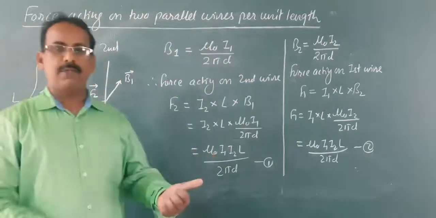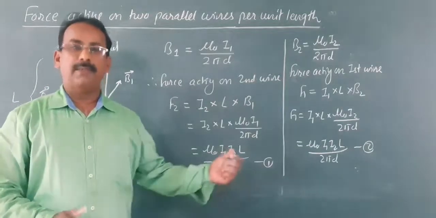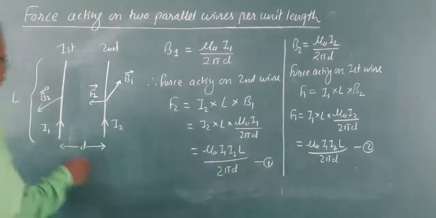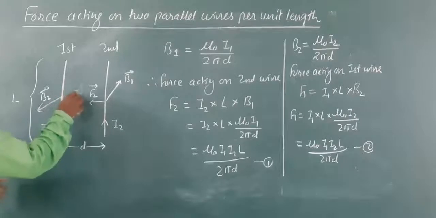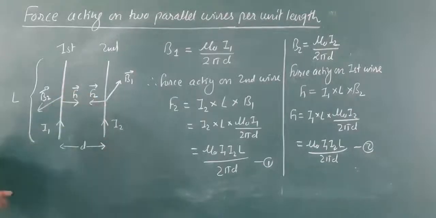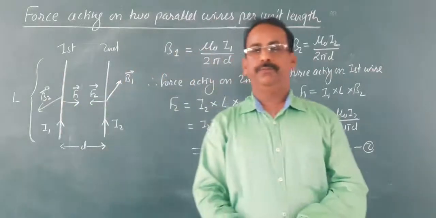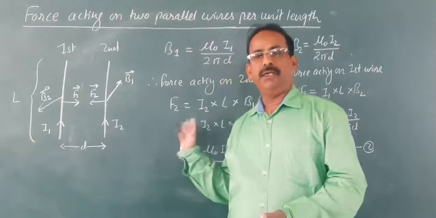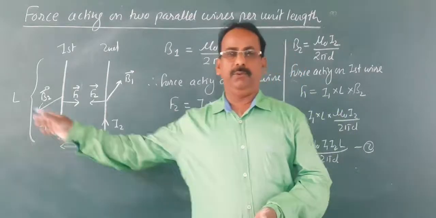See that both the forces are the same in magnitude. If we find the direction of F1 by right hand rule, it comes towards the second wire. Only the directions are opposite. The force acting on the first wire is towards the right side, and the force acting on the second wire is towards the left side.